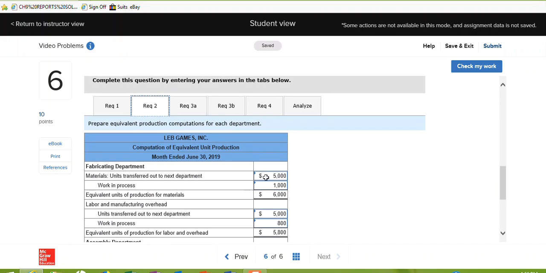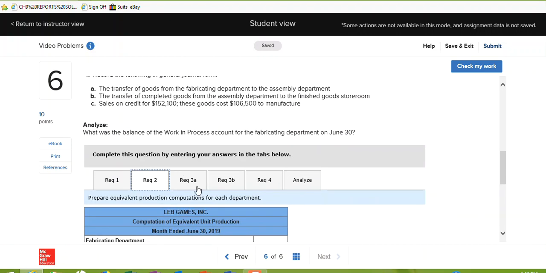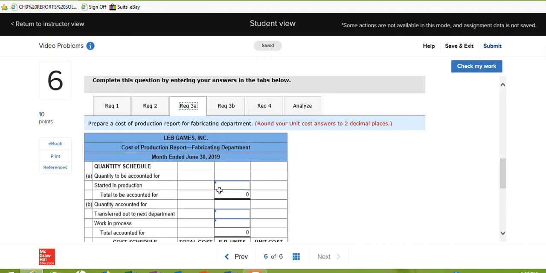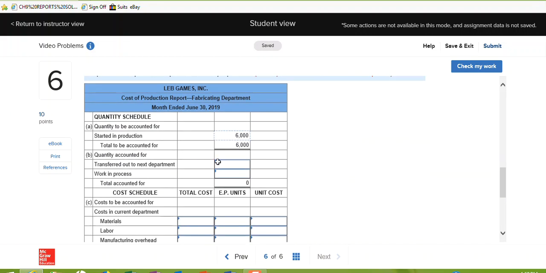So the total number of units that we need to account for are the 6,000 units that we had. We had 5,000 that we finished, 6,000, and another 1,000 that were in process. So that's the ones to be accounted for. And the ones that we accounted for were 5,000 that we transferred out and 1,000 that we have in work in process.